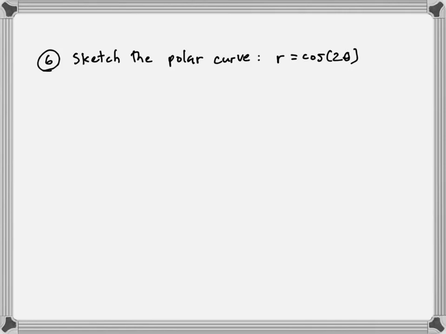Okay. All right, so again, we are going to just write this as y equals cosine of 2x. And what does y equals cosine of 2x look like? Well, we know that this is just a graph of cosine, except we actually need 2 periods in order to make it to 2 pi.